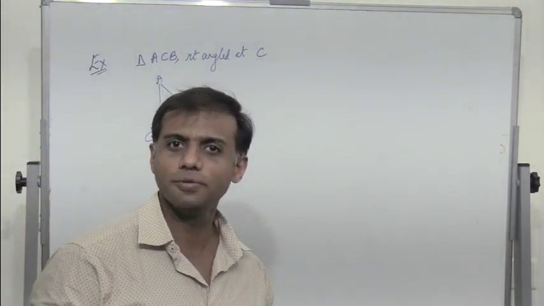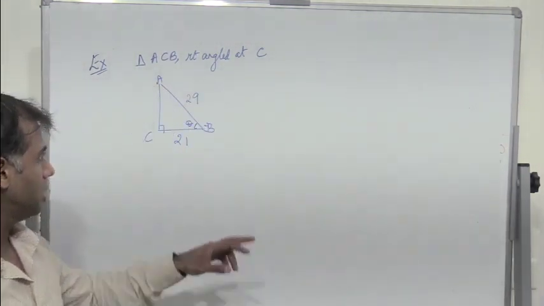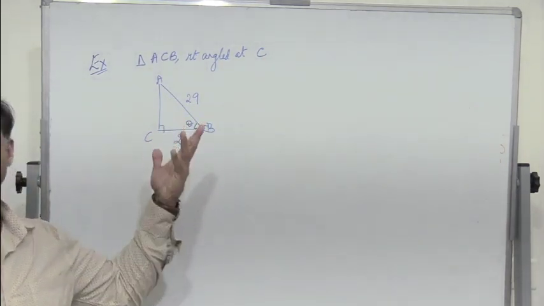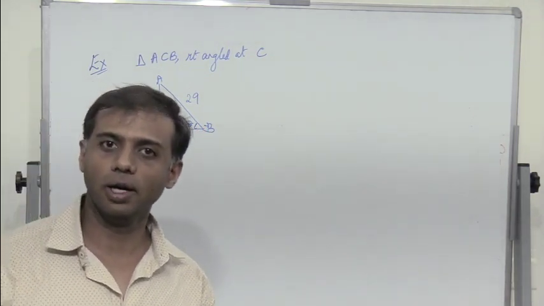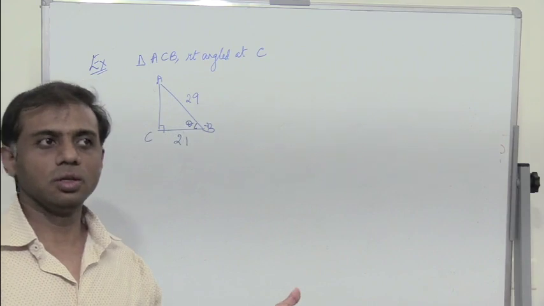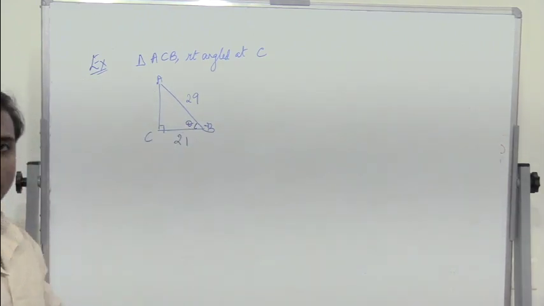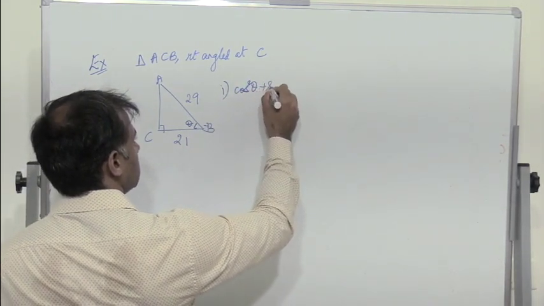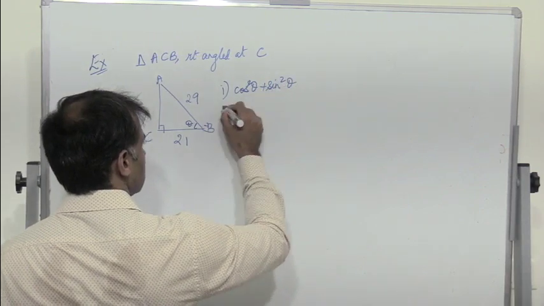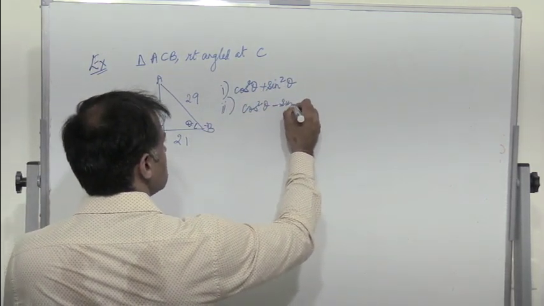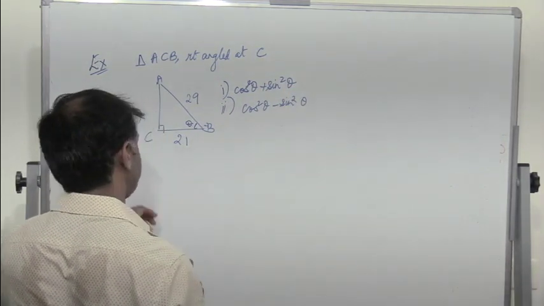Theta is some value of the angle. So it is an unknown. I don't know the angle of B, so I call it theta. Instead of theta, you can call it x, y, z. So a general way of calling an unknown angle is theta. So we need to find cos square theta plus sin square theta, and 2 cos square theta minus sin square theta.